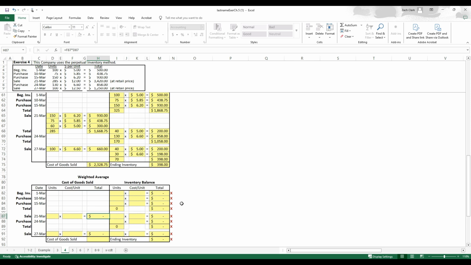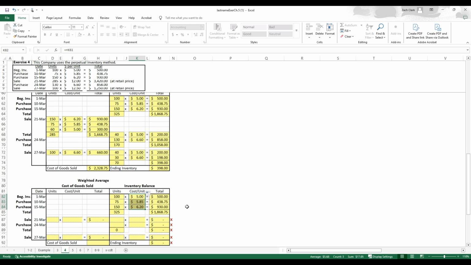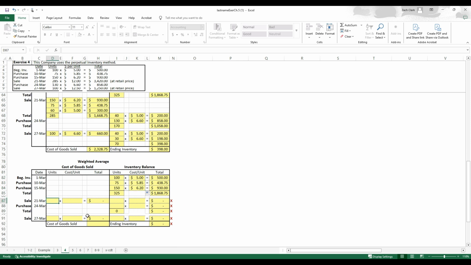Okay, now let's go into our weighted average method. Same thing, we're selling 285, but we're not going to pull from layers because we're doing weighted average.